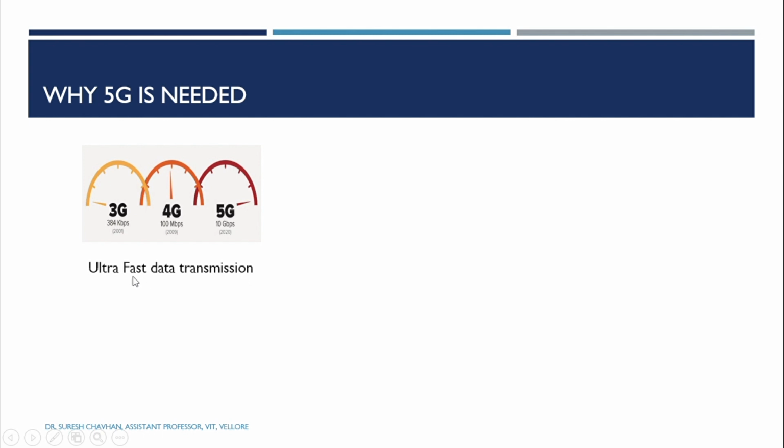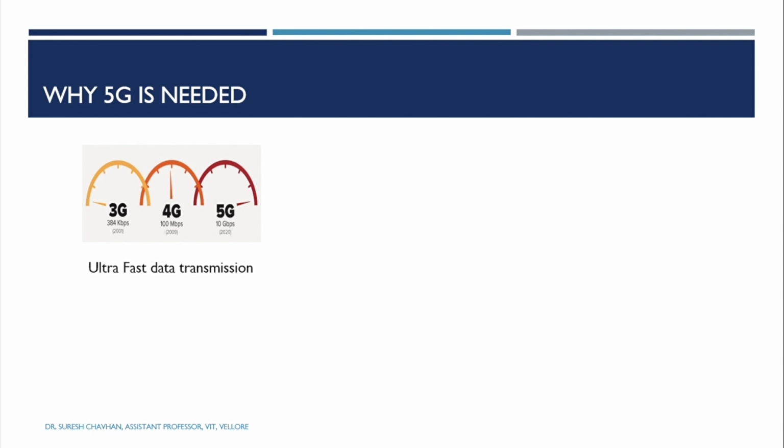Fast data transmission is one thing, and ultra fast data transmission means that within a second I have to send 10 Gbps of data, or download more than 5 Gbps from the internet or from the server. 3G provides 384 kilobits of data in 1 second that we can download or share.